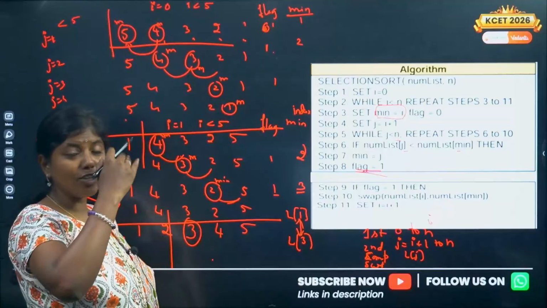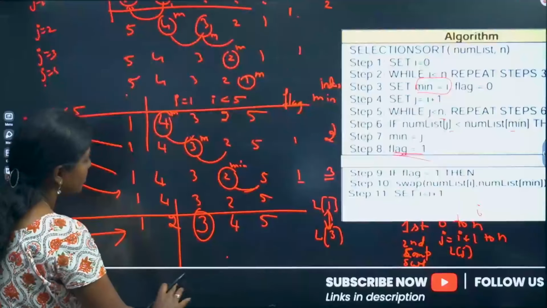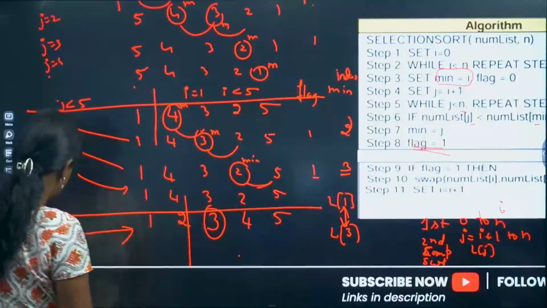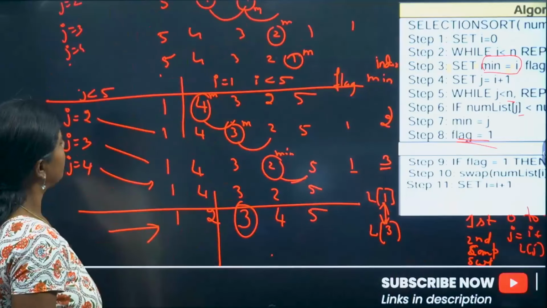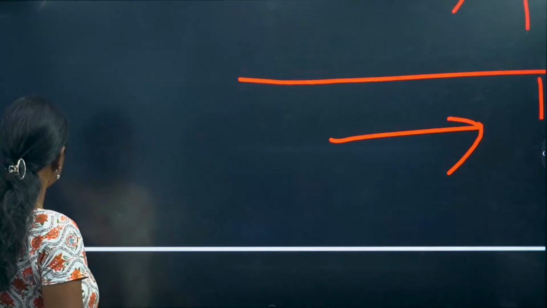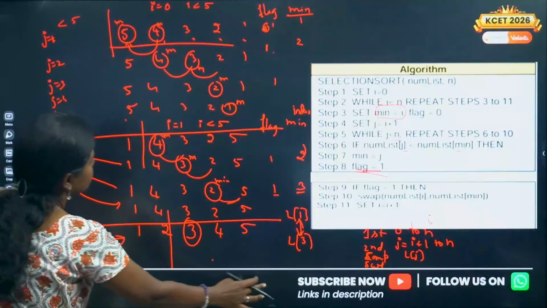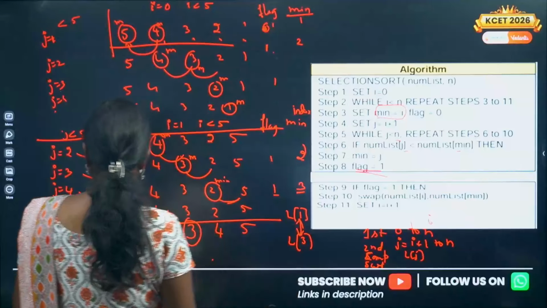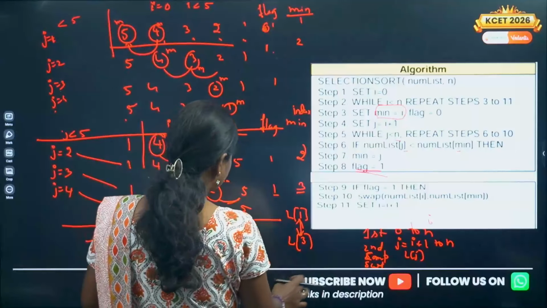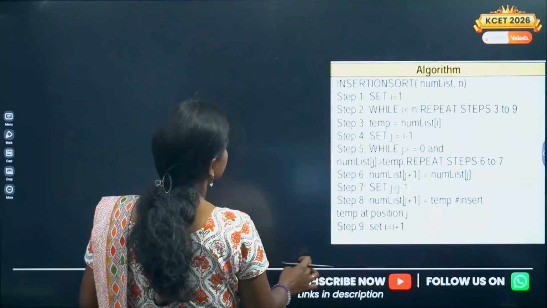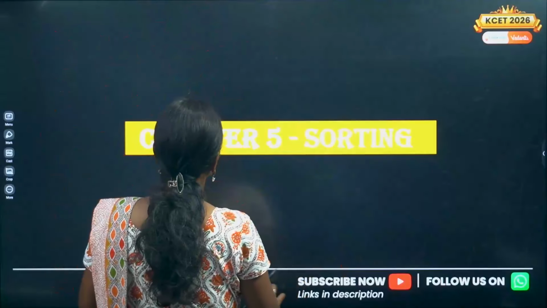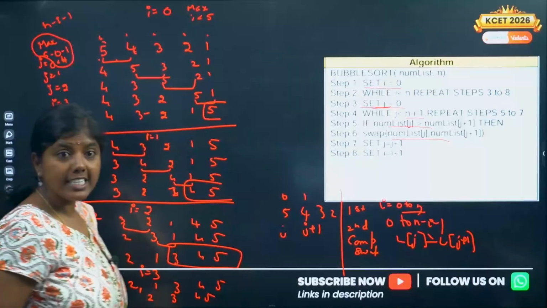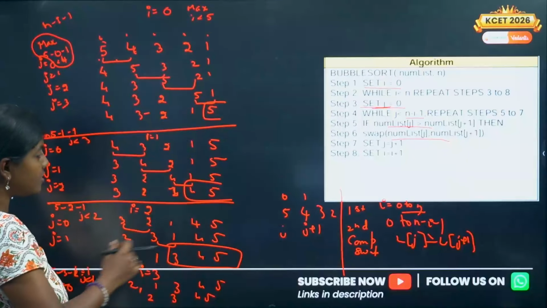See here, in that iteration, so many iterations it took. So you can just see here, in case of bubble sort, so many iterations it had taken.